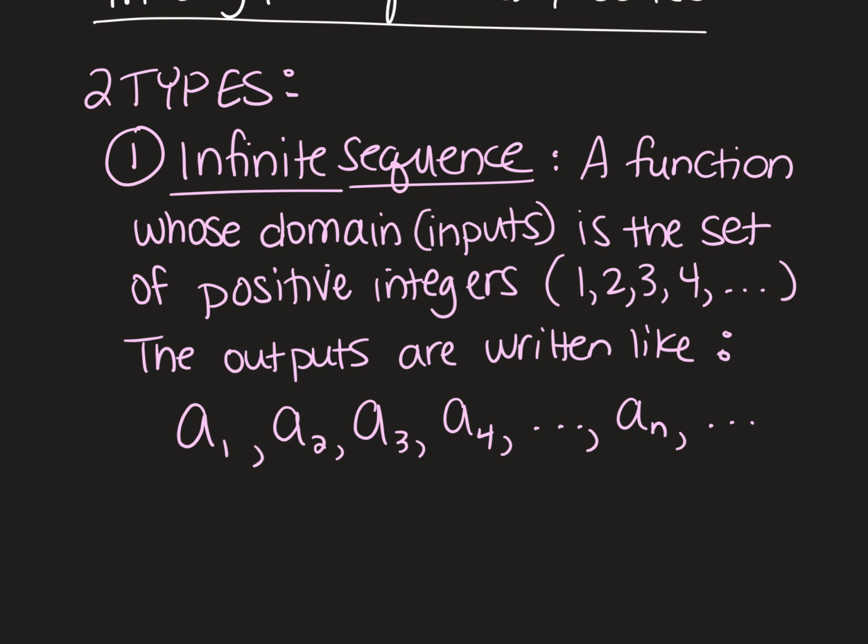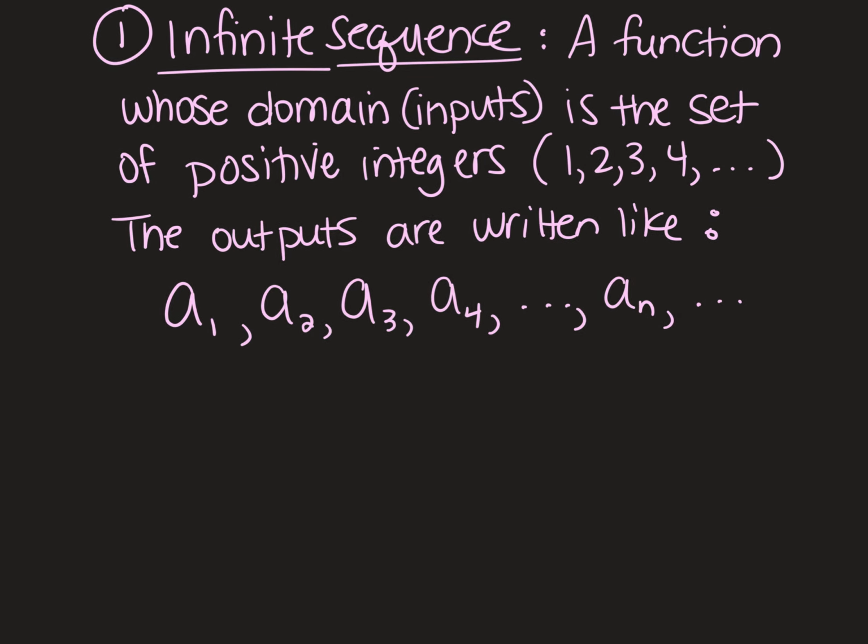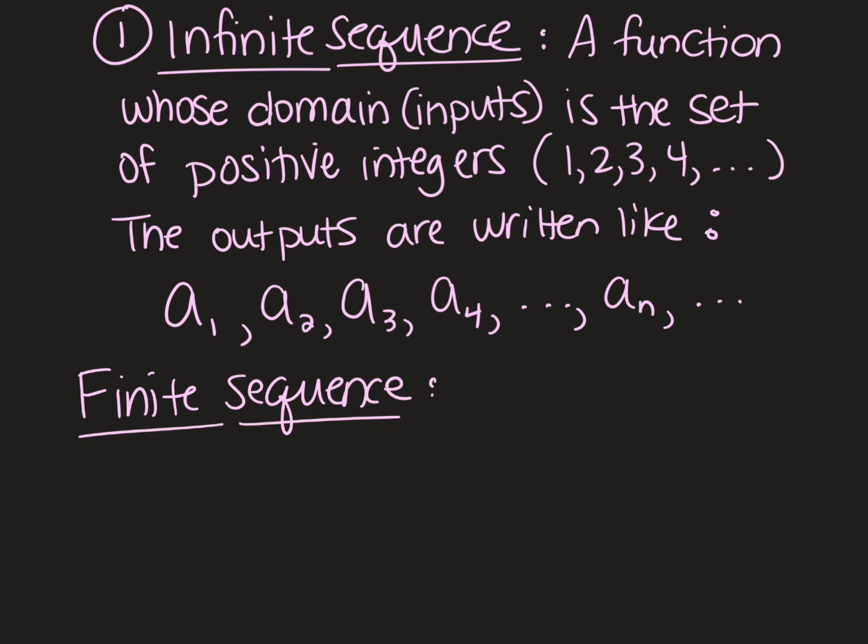All right, now the big difference is then we could have a finite sequence. Okay, so an infinite sequence goes on forever. A finite sequence does not. It has a place that it stops.